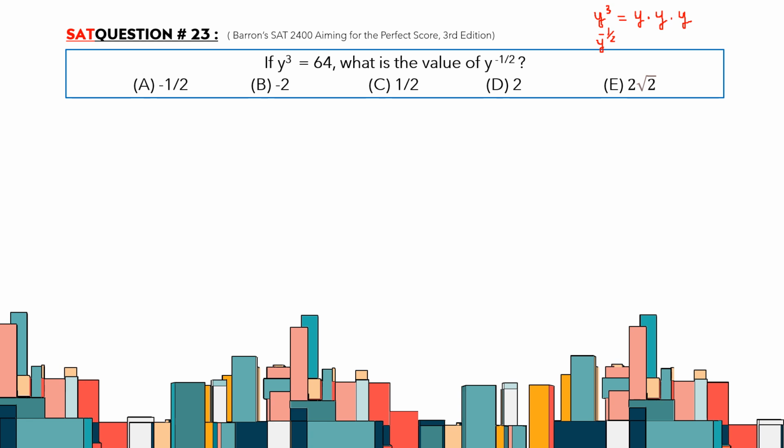If we see something with a negative power, you can make it positive by flipping it over. So we take the reciprocal, and we will have 1 over y to the power of 1/2.